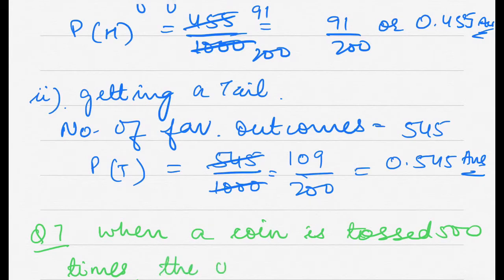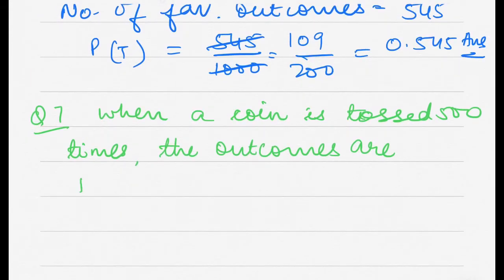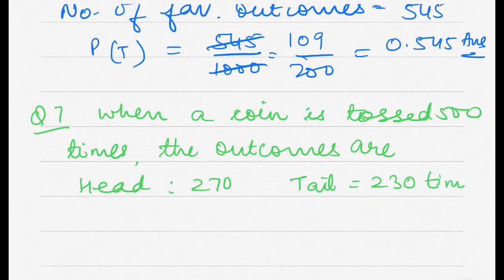Okay, so what are the outcomes? Head will be 270 times and tail is 230 times.